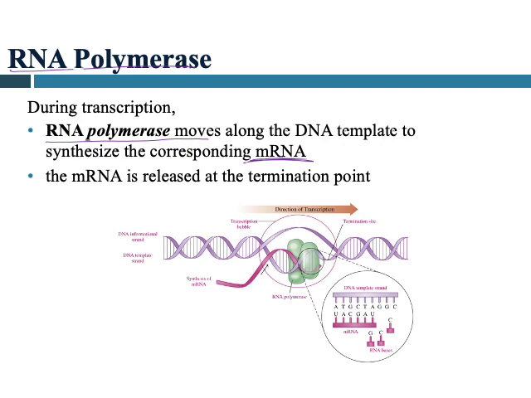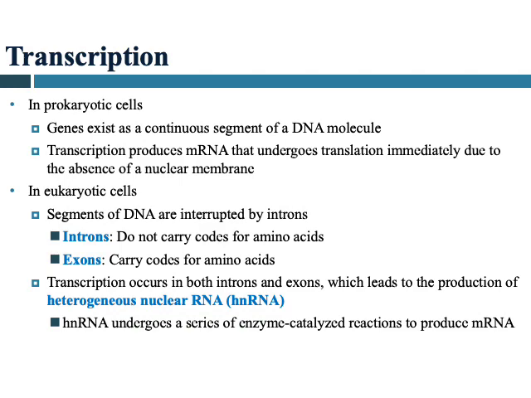The region that has the information is usually opened up so that the RNA polymerase can copy it. So this is the process of transcription, DNA to mRNA, with the help of RNA polymerase. This is the enzyme.